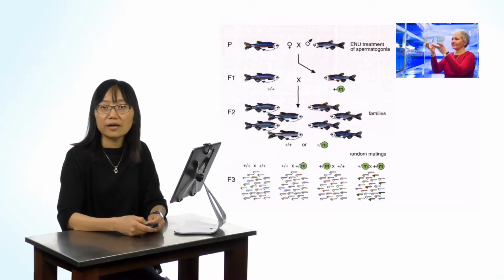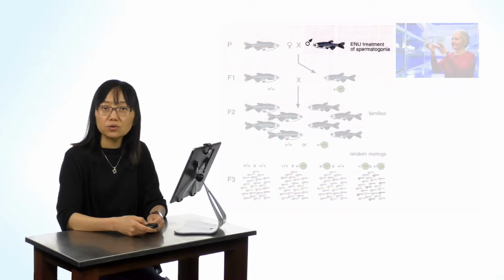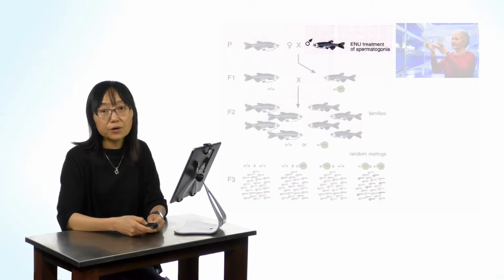In this screen, researchers mutagenized the fish genome by soaking male fish in ENU solution to induce point mutations. They carefully titrate the concentration of ENU and use the condition that will induce 1 mutation per genome.